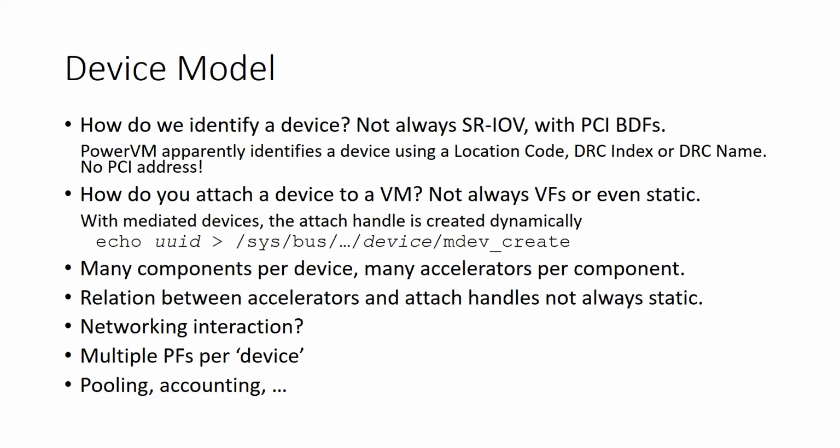You just write a generated UUID to that. The act of writing it creates a virtual instance of the accelerator. Then you can take the same UUID and associate that with the VM's device. So this is happening on the fly.